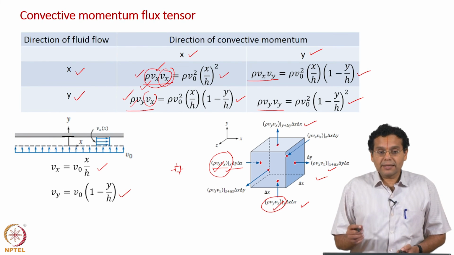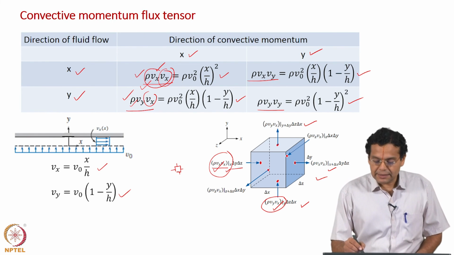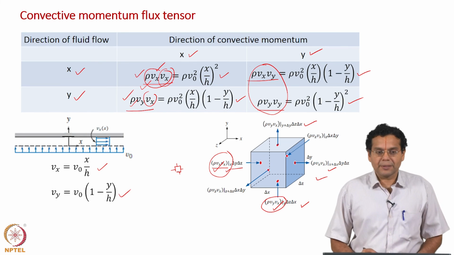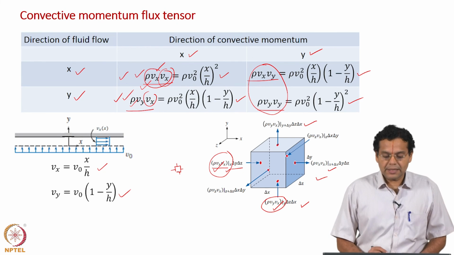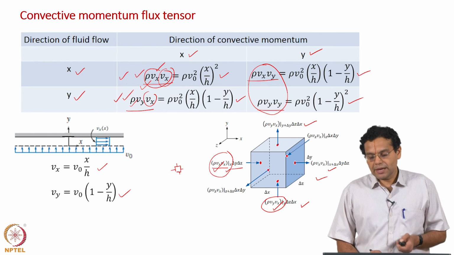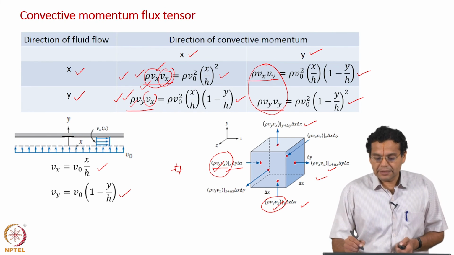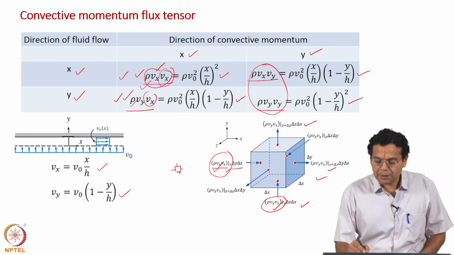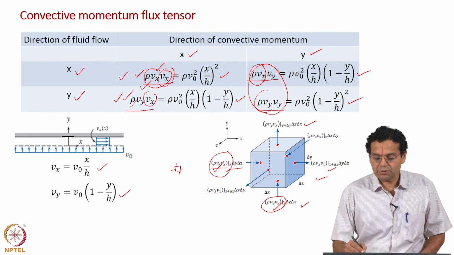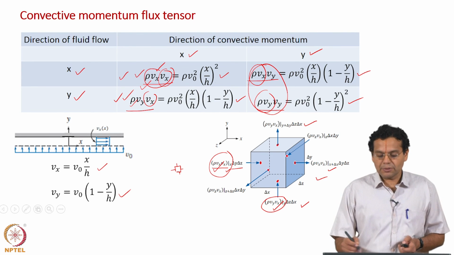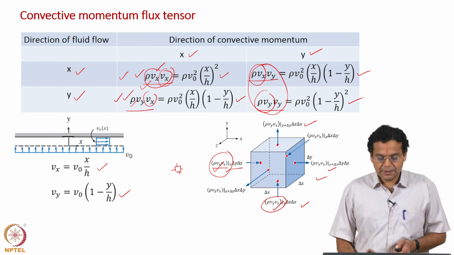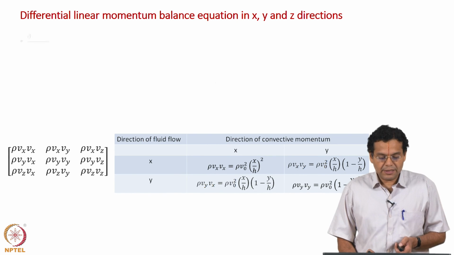These two terms appear in the x momentum balance. If you write the y momentum balance, then the other two terms will appear, and they are because of mass flow in the x direction and mass flow in the y direction. And of course, these expressions are simple to write, just simple multiplication. And that is what is shown here.